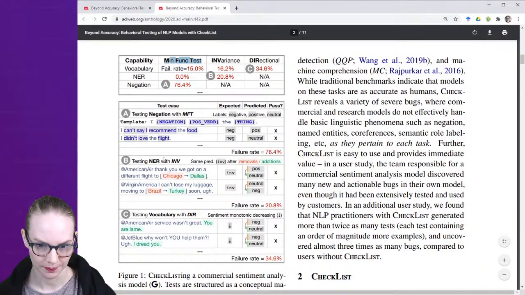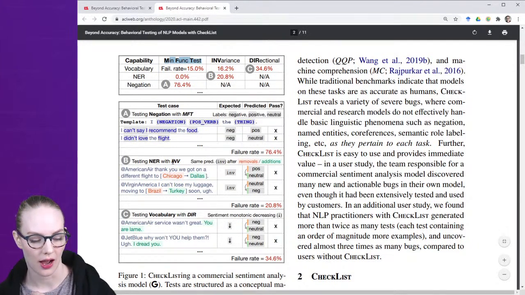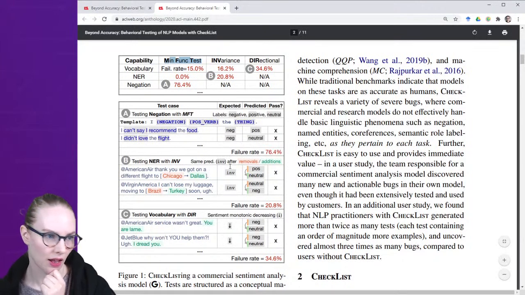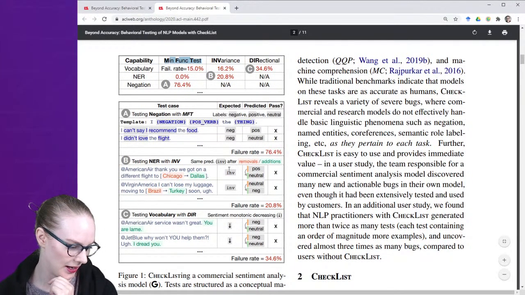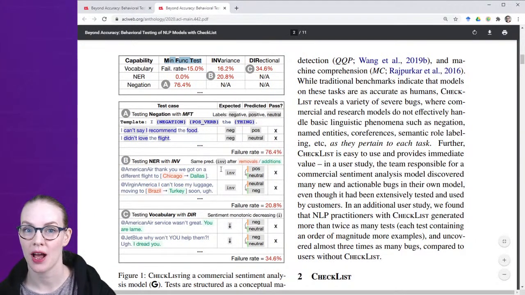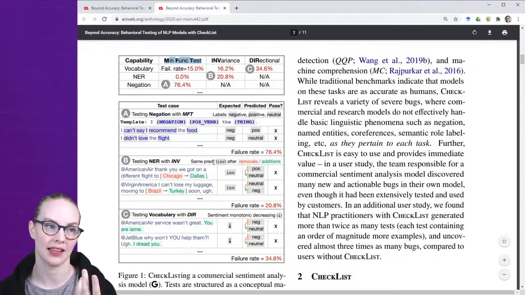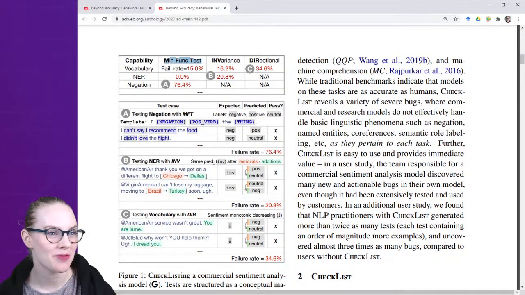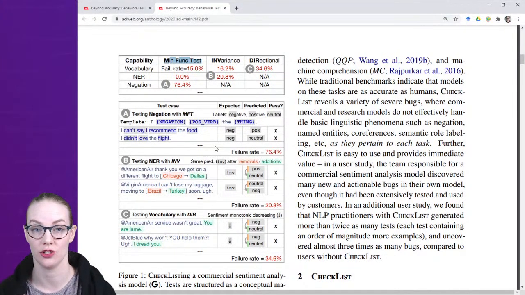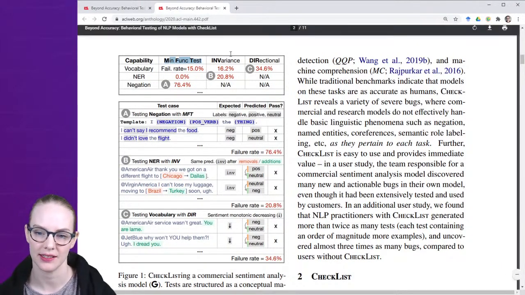So in this example, if you change the entity in a text, so if I said I love, I'm trying to come up with a name of a movie, I love The Princess Bride. That should get the same sentiment as I love, gotta come up with a second movie, Groundhog Day. So changing the entity there should not change the overall sentiment, and that's what this invariance test is.